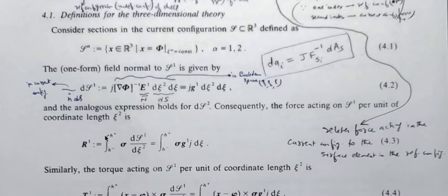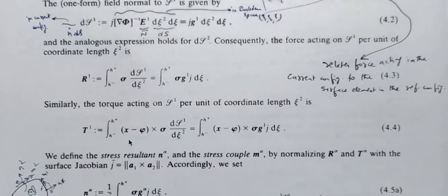So this we use, this is in the current configuration, and this we bring in and multiply with sigma, which is also in the current configuration, and we get sigma g1 j d xi integrated over thickness.